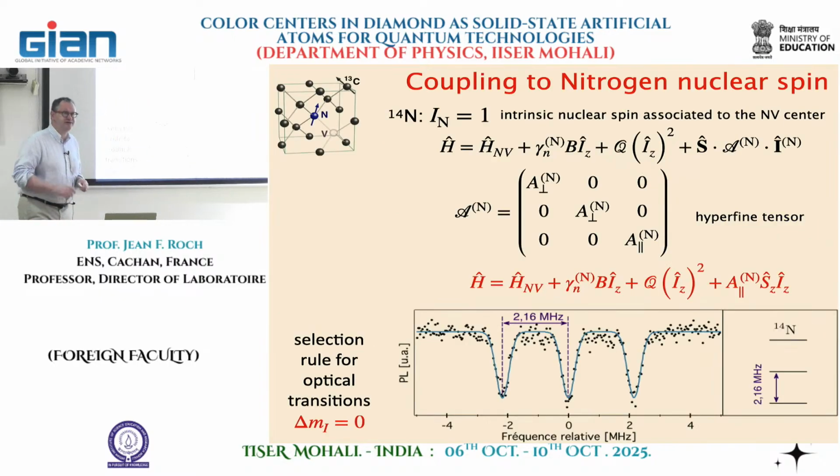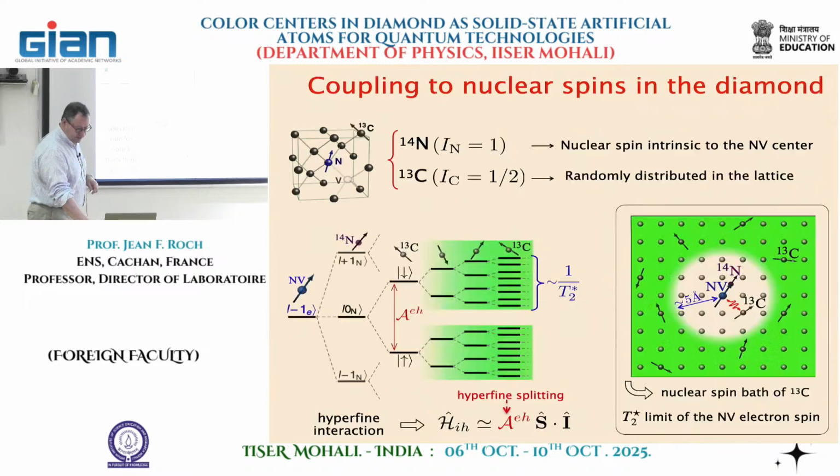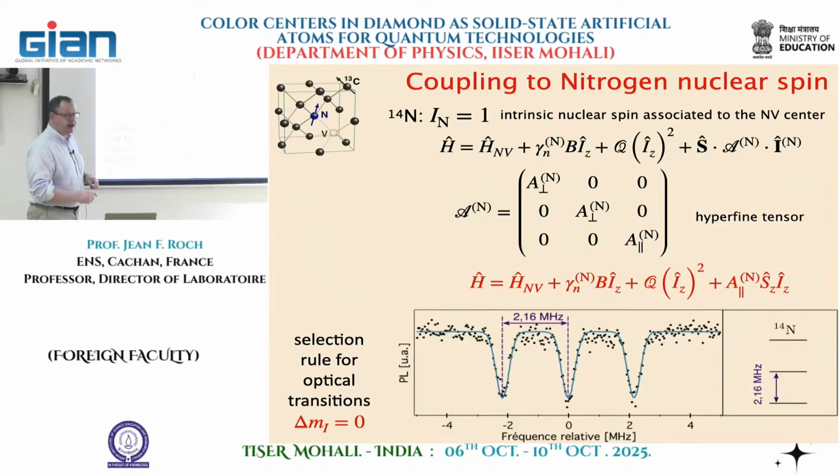Let's first discuss the intrinsic coupling that exists in the NV centers. It is the coupling with the nitrogen atom, nitrogen-14, that has a nuclear spin I equal to 1.